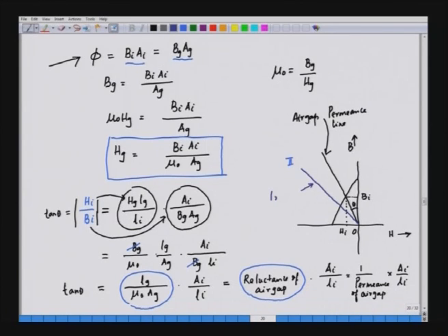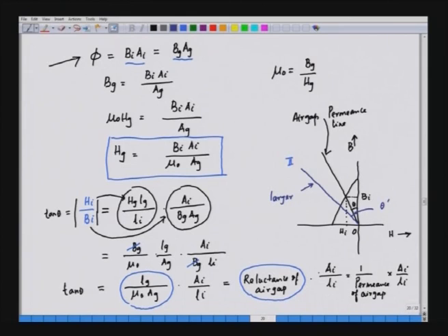If I increase the air gap, I will have a line which has a larger theta. Larger air gap means larger theta, the tan theta value will be more. So, this is theta, and I can say this is theta prime.